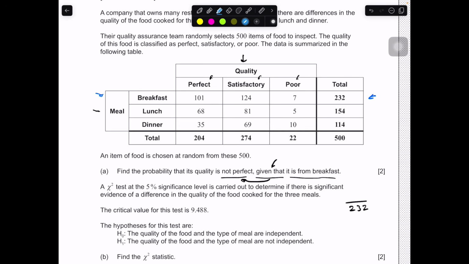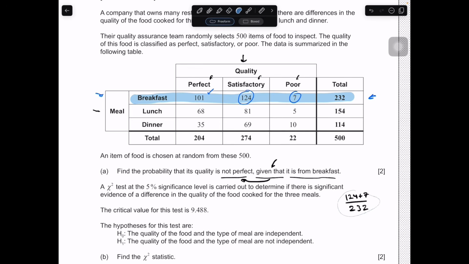I should use the highlighter right here. Given that it was not perfect, and that's actually kind of interesting because this is perfect, this is not perfect, and this is not perfect. So it's either satisfactory or poor. That's the total number of ways in which it could be not perfect.